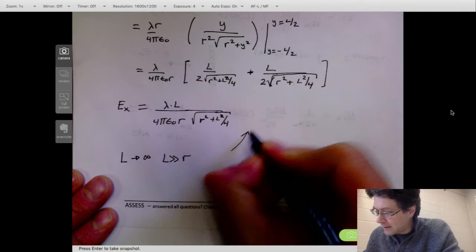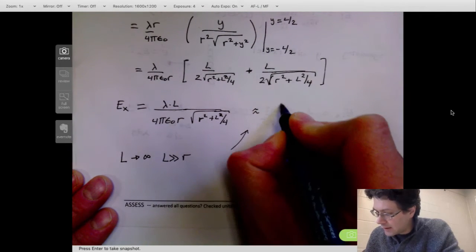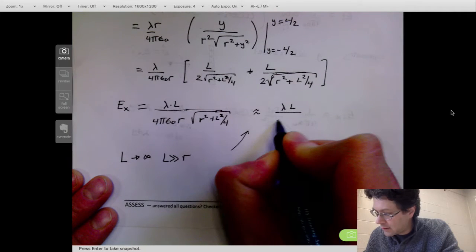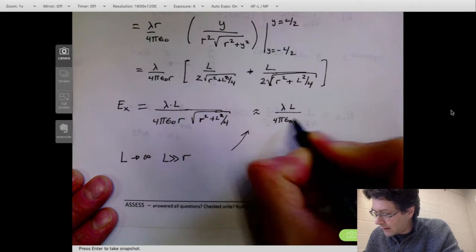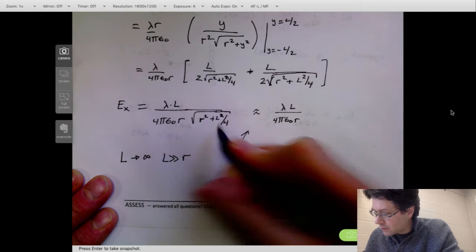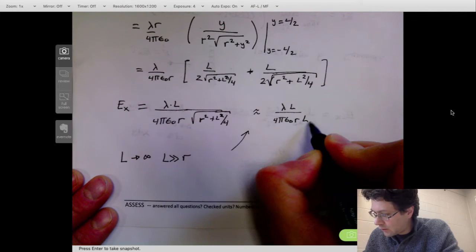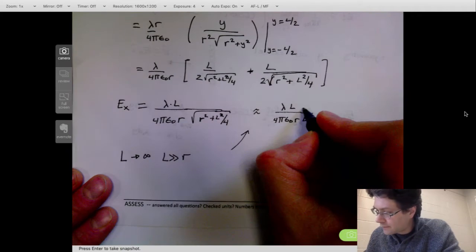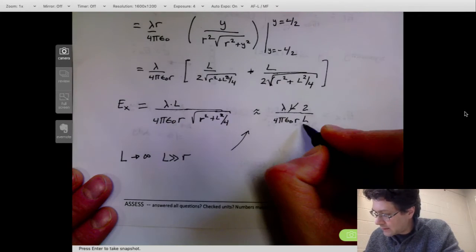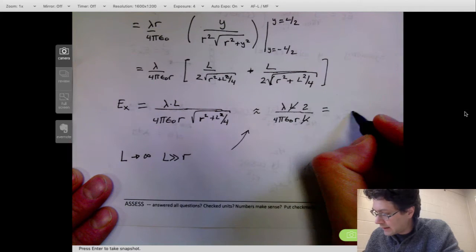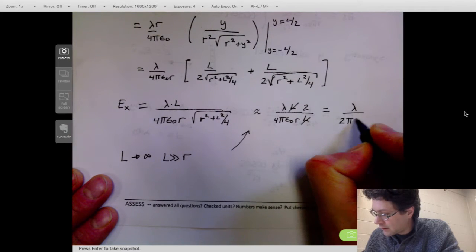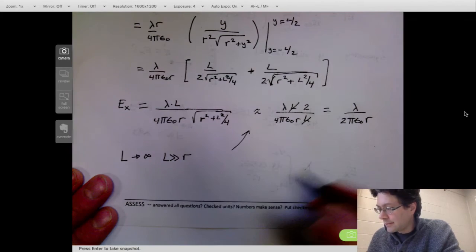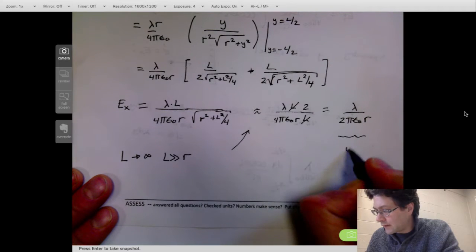In this limit, this becomes lambda times L over 4 pi epsilon naught times r, and the square root just becomes L over 2, so I can send the 2 up there. The L cancels, and I get lambda over 2 pi epsilon naught times r. So this is the infinite line answer.